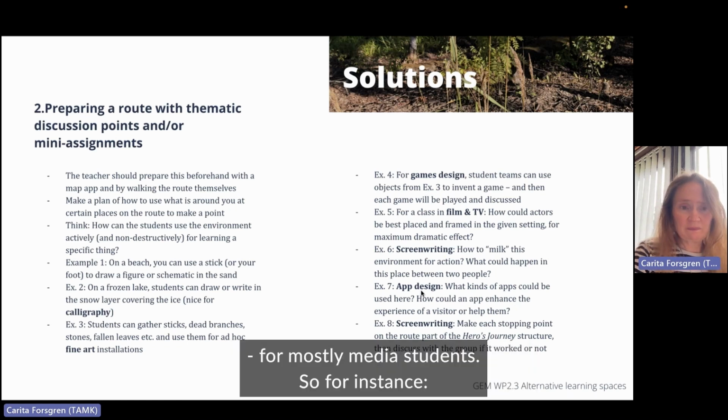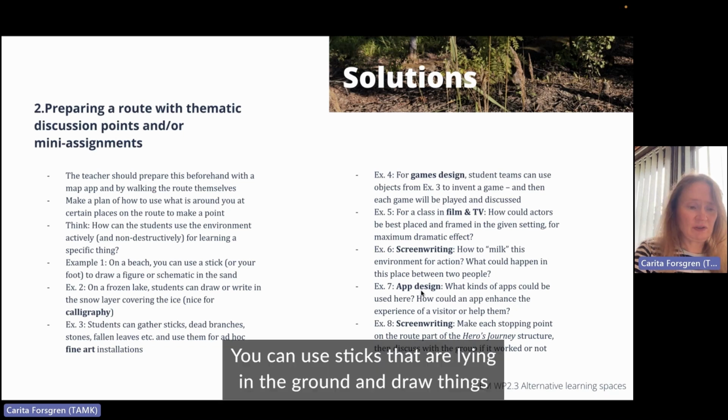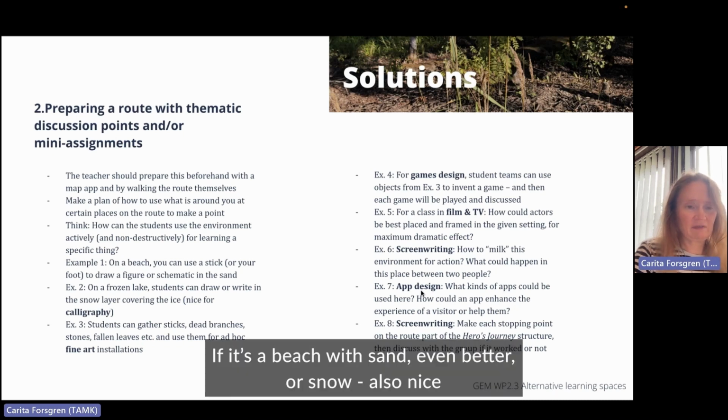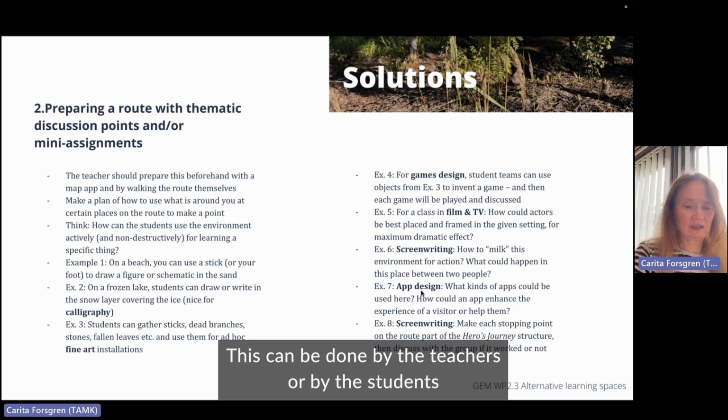We've used this for different kinds of classes, and there are a couple of examples for mostly media students, of course. So, for instance, you can use sticks that are lying around and draw things in the ground. If it's a beach with sand, even better, or if there's some snow, also nice. And this can be done by the teachers and by the students, of course.